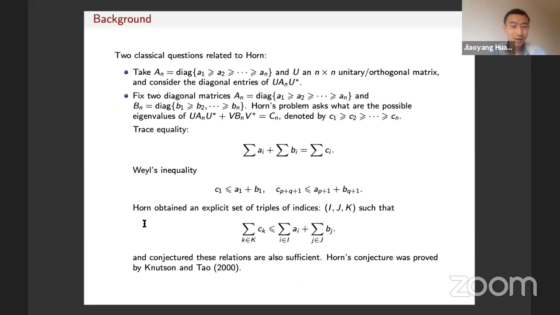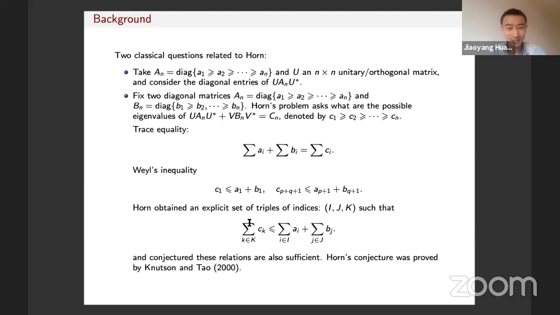And actually, Klyachko obtained an explicit set of triples of indices I, J, K, of the same cardinality, such that the eigenvalues of A, B, C need to satisfy these conditions: the sum over CK, K in the set K, is less than or equal to the sum of AI plus the sum of BJ.